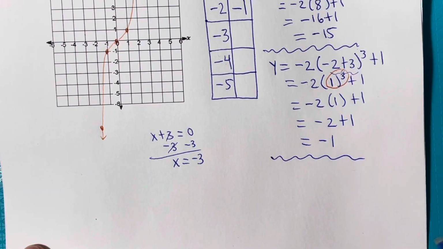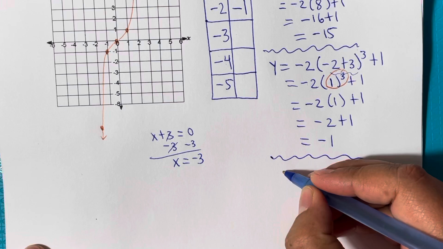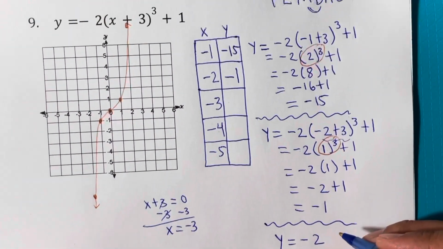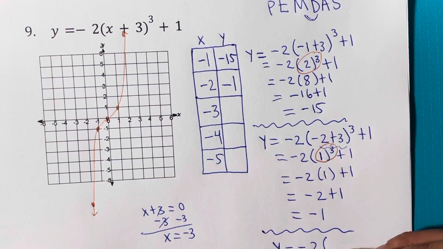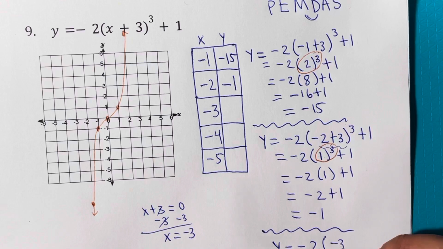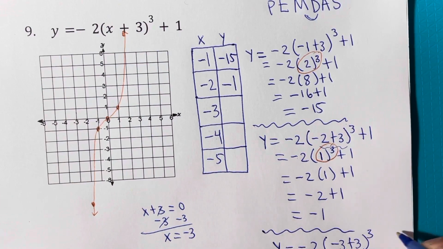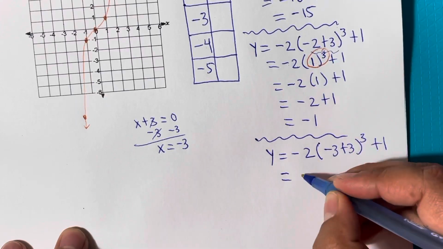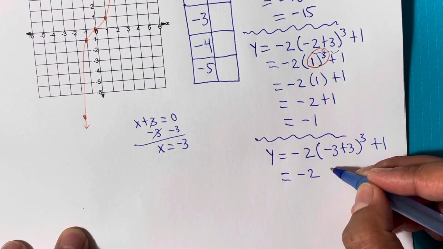For the next one, we have negative 3. So y is equal to negative 2 times, we substitute negative 3 in there, negative 3 plus 3 cubed plus 1. Okay, now that we have it, let's bring it down.